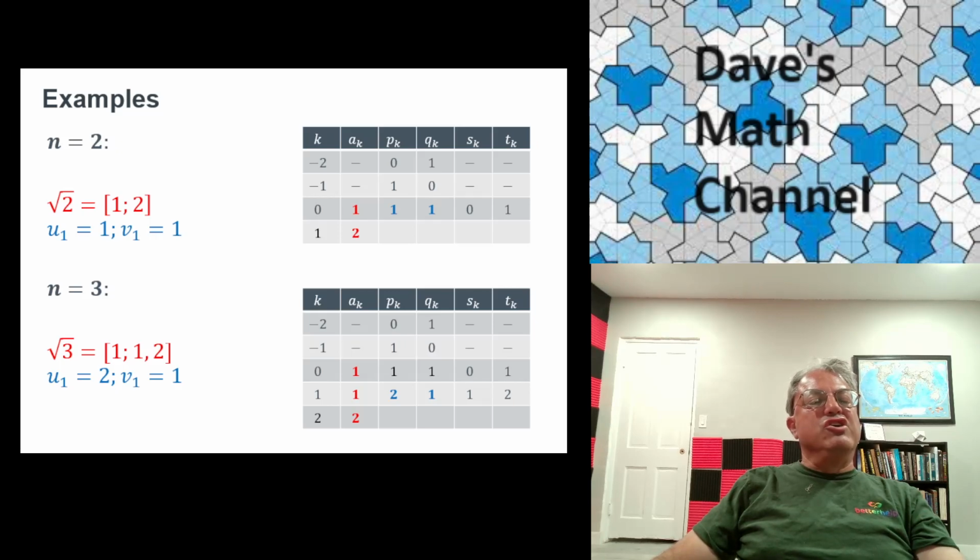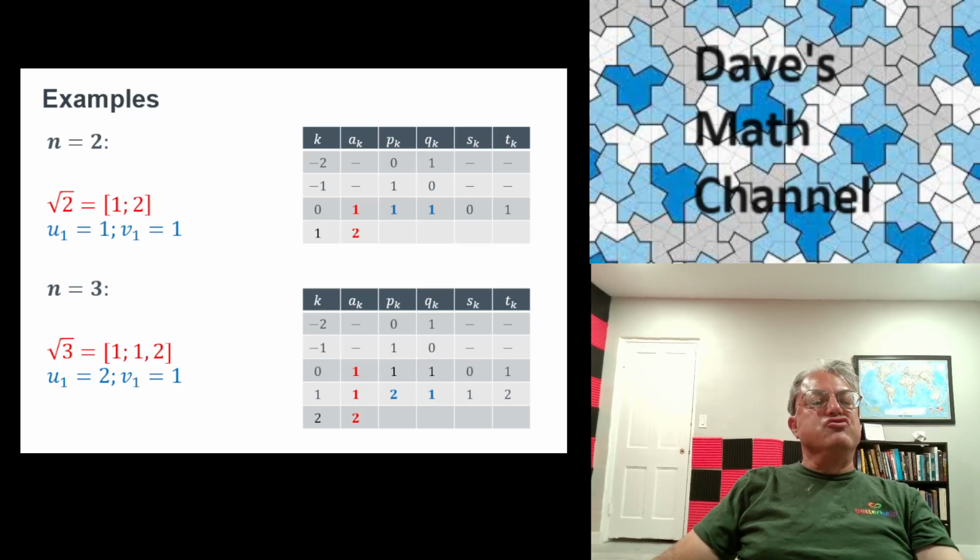And then let's do a little bit more complicated example. N equals 3. Same idea. I don't think I'm going to go through all the steps here. If you calculate the continued fraction of the square root of 3 using this algorithm, you get 1 semicolon, and then you get, I should have had a line above this, 1, 2. So it's going to be really 1 semicolon 1 2 1 2 1 2 1 2.